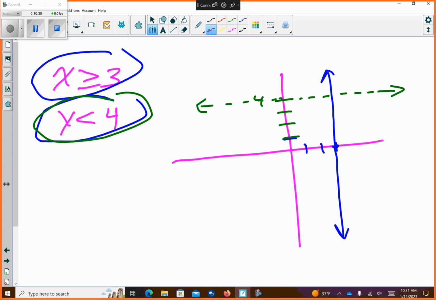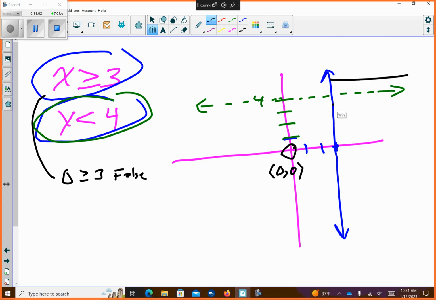All right, so how do I justify 0, 0? I'd say 0, 0 is left bottom of this graph. Agree? All right, so if I plug 0, 0 in here, I get 0 is greater than 3. True or false? False. Okay, so that's for the blue. So that means I'm going to shade this side of the blue.